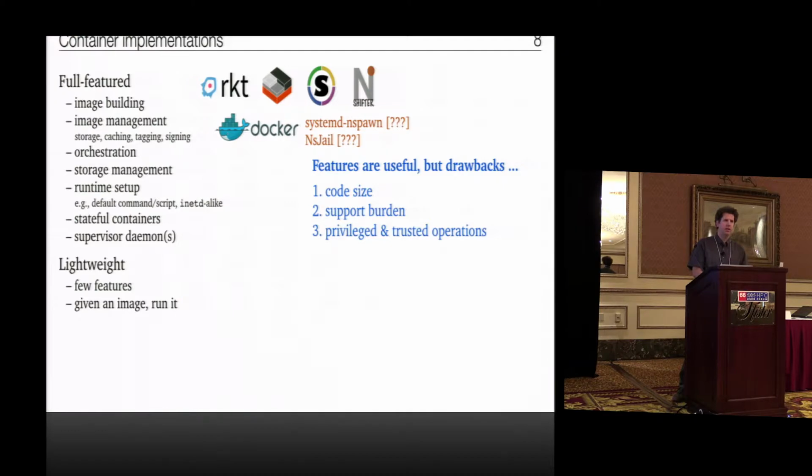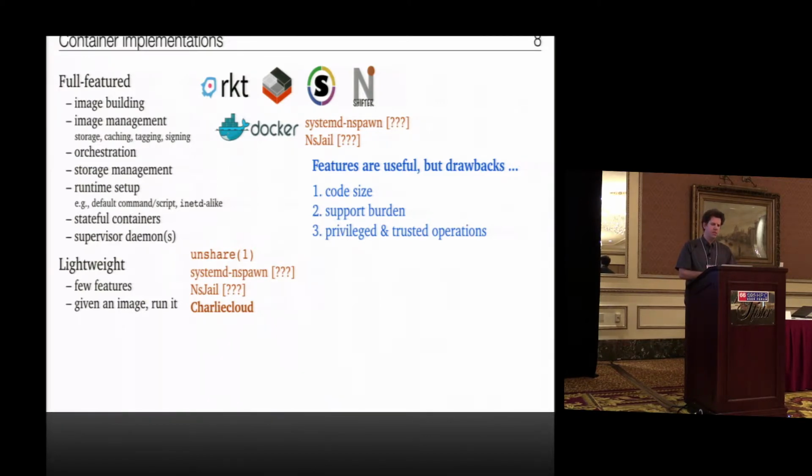So there's this alternative, which we're calling lightweight containers, which deliberately have few features, and basically the way that it works is, given an image, given some image of a user-defined software stack, run some processes in that image. Implementations that we see there, so the util Linux has a command called unshare that's pretty handy.